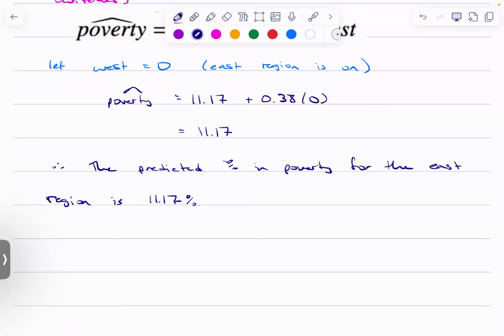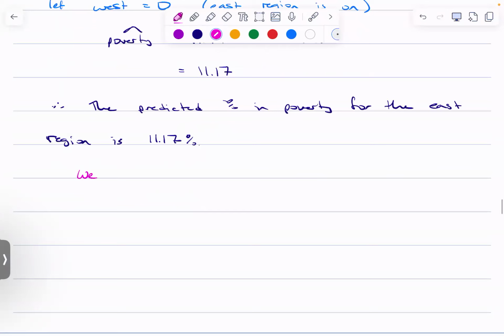Even though we don't have the East in there, we call the East the reference level, because that's your starting point. The West is really relative to the starting point of the East. And so we call the East category the reference level.